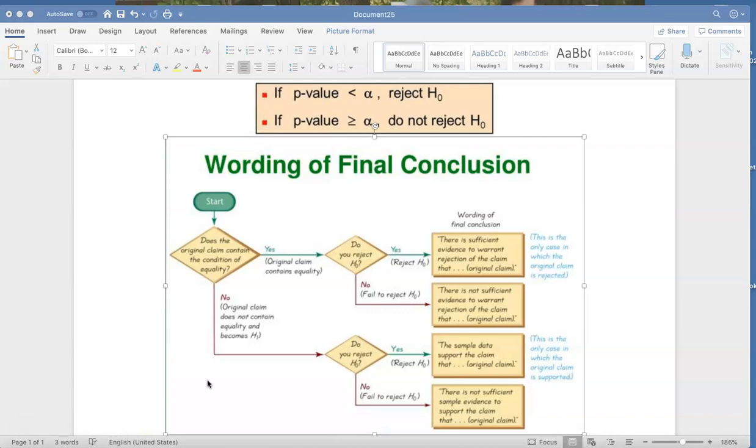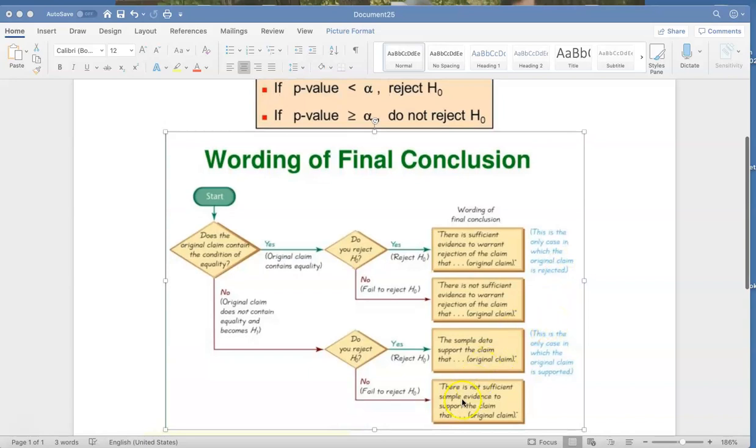Most of our original claims we're using either greater than or less than, and occasionally we use equal, but that's usually when we test the not equal, and that wording is slightly different. The main difference in the wording is the words support and warrant.